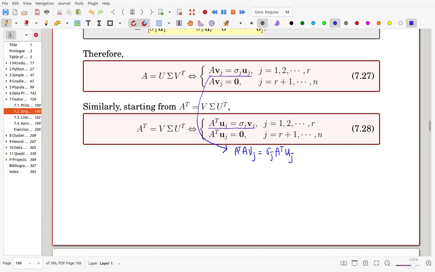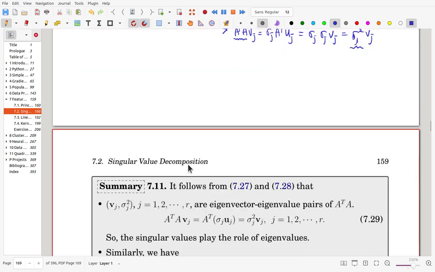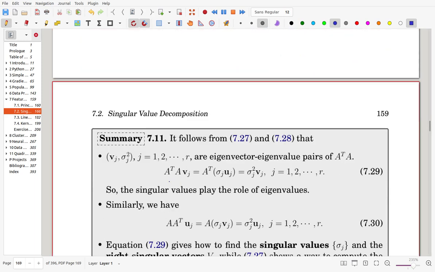Now A transpose Uj is sigma j Vj, so that's sigma j times sigma j Vj, which is the same as sigma j squared Vj. That means that sigma j squared is an eigenvalue of A transpose A, right? So we reach this equation for j from 1 to r.